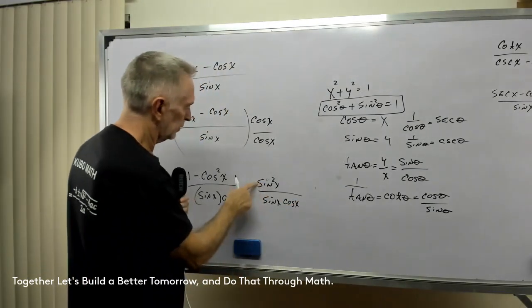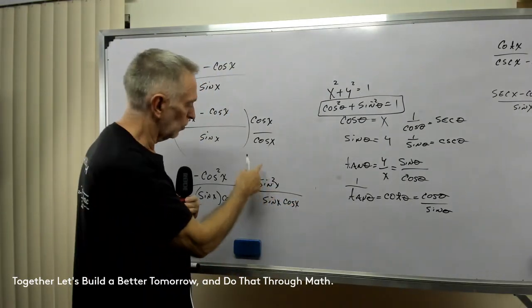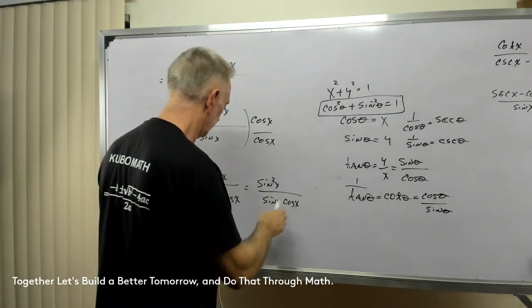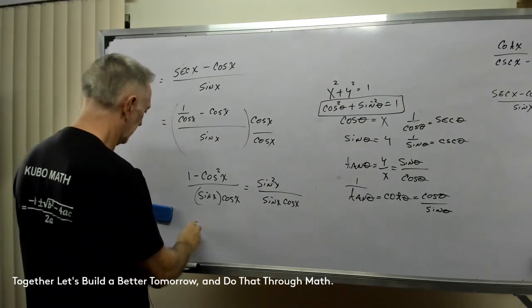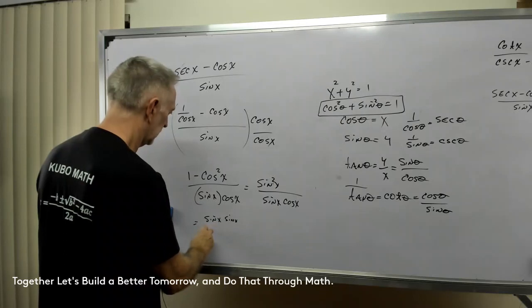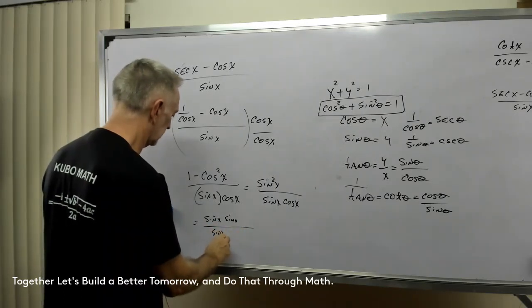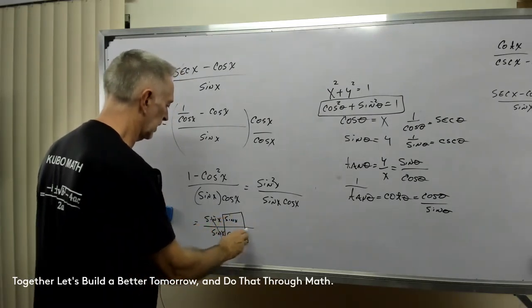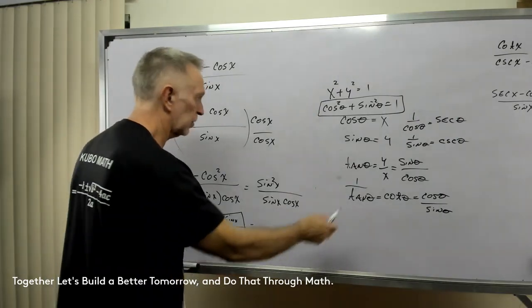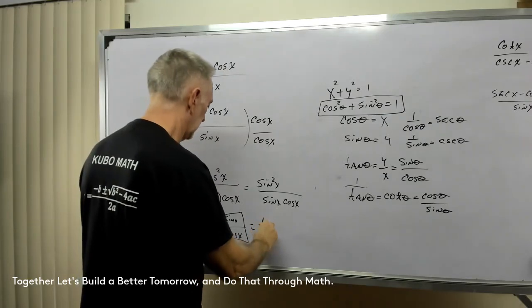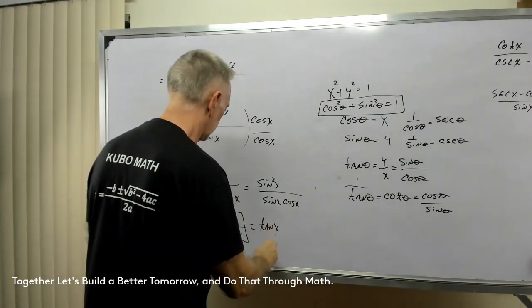This is sine x times sine x divided by sine x cosine x. One of those divides out and I'm left with sine over cosine. Well, what is sine over cosine? Sine over cosine is tangent. So that equals tangent x.